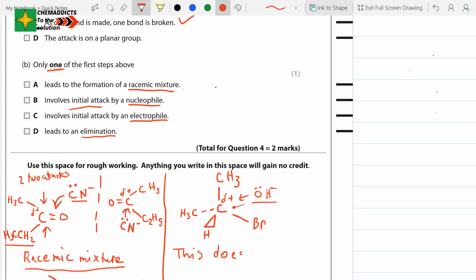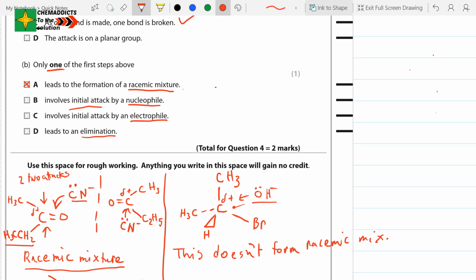The question says only one of the first steps above leads to the formation of a racemic mixture. So they have asked us about only one molecule, and it is the only molecule that forms a racemic mixture, not this one. So that is why this should be the answer, A.